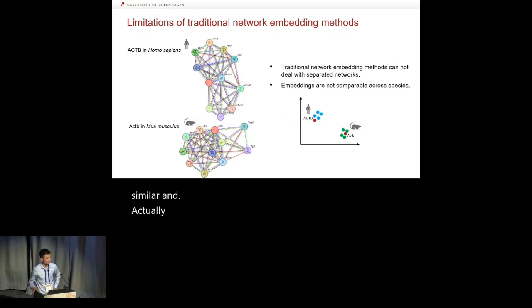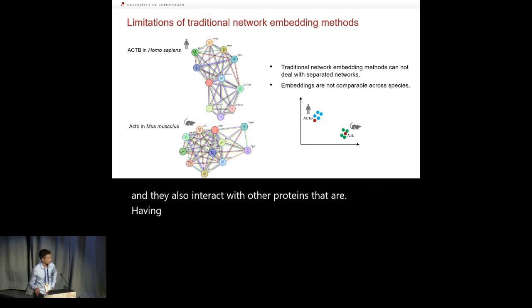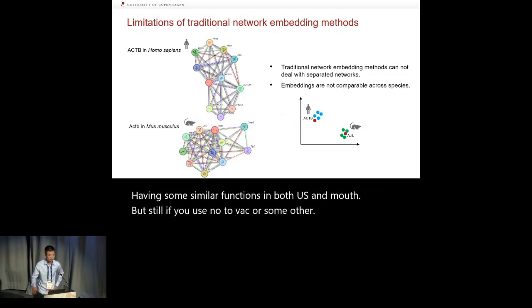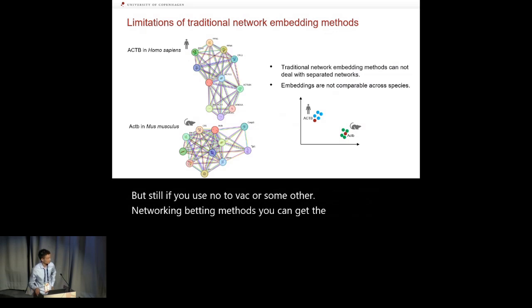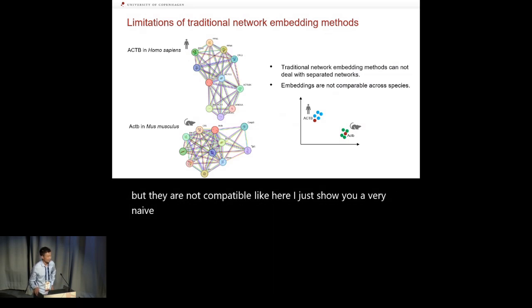Those proteins have very similar functions, and they also interact with other proteins that have similar functions in both us and mouse. But still, if you use node2vec or some other network embedding method, you can get the embeddings, but they are not comparable. Here I just show you a very naive distribution, like the actin protein in mouse and human.